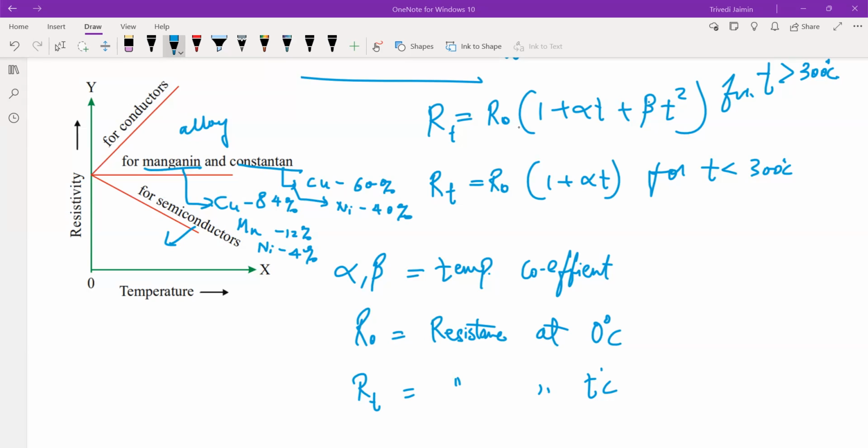Like silicon, germanium. Exactly. So silicon and germanium are standard semiconductors. Conductors, you know so many, so let it be.